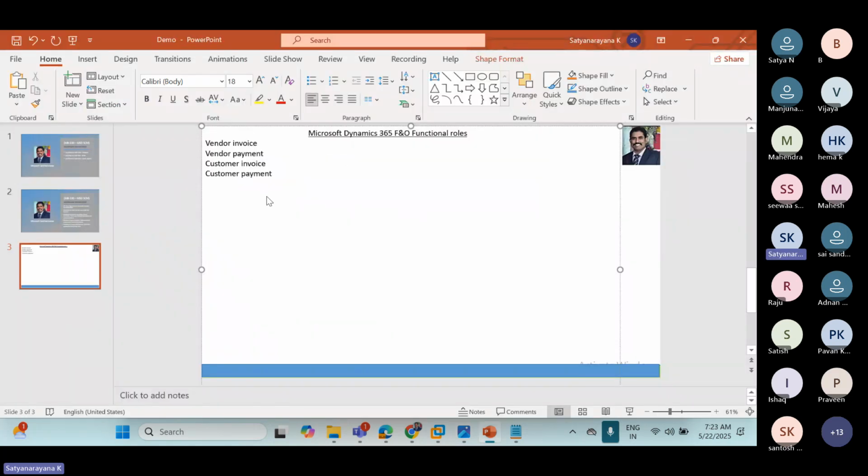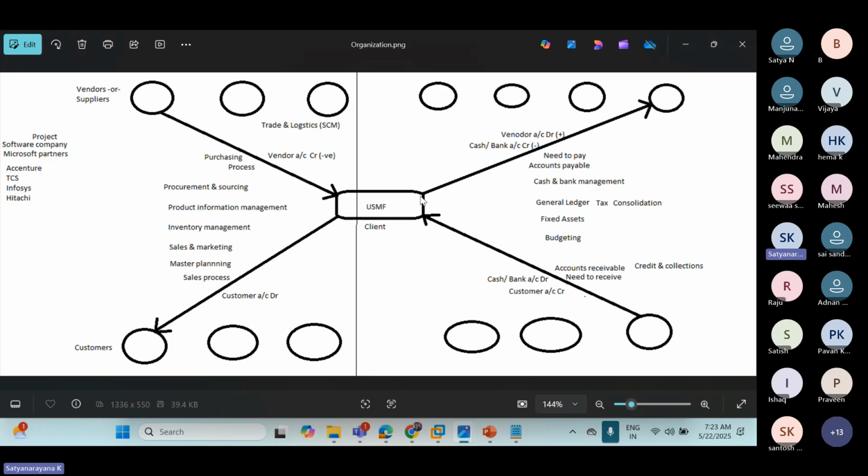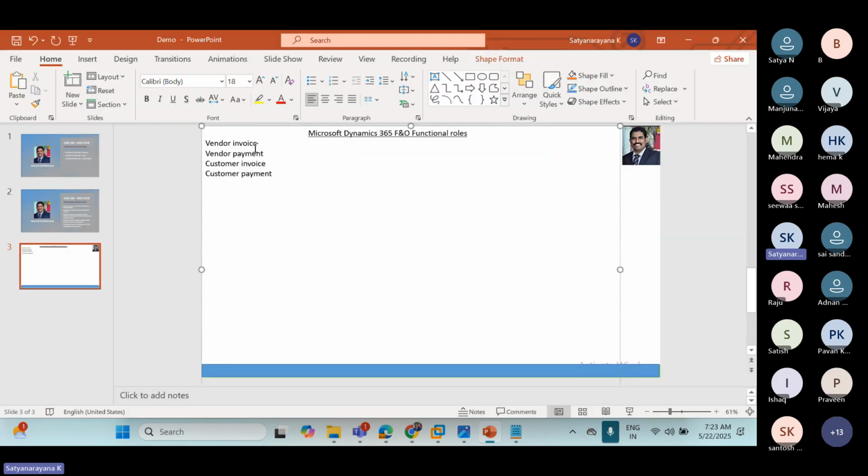But you are going to assist these guys. If you want to assist them while sitting here in the software company, first you need to understand what these guys are doing. That is the reason you are learning vendor invoice, vendor payment, customer invoice, customer payment.